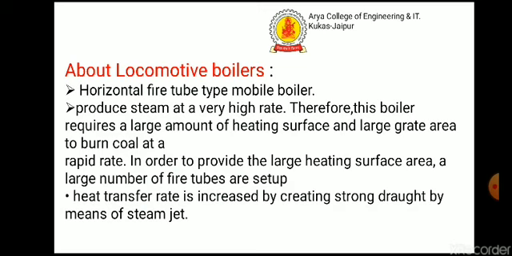Therefore, this boiler requires a large heating surface and a large grate area to burn coal at a rapid rate. To provide the large heating surface area, a large number of fire tubes are set up. Heat transfer rate is increased by creating a strong draught by means of a steam jet.